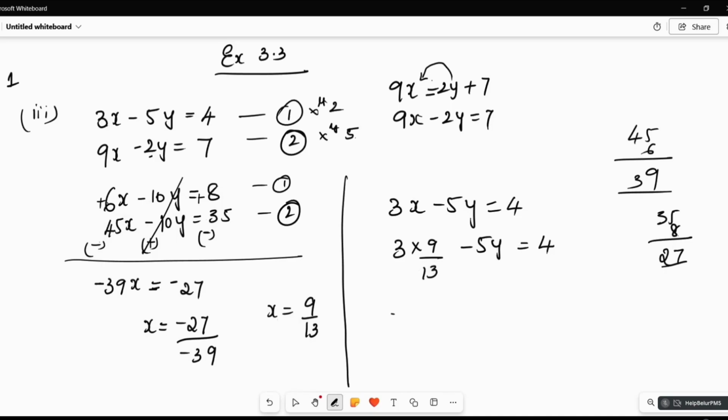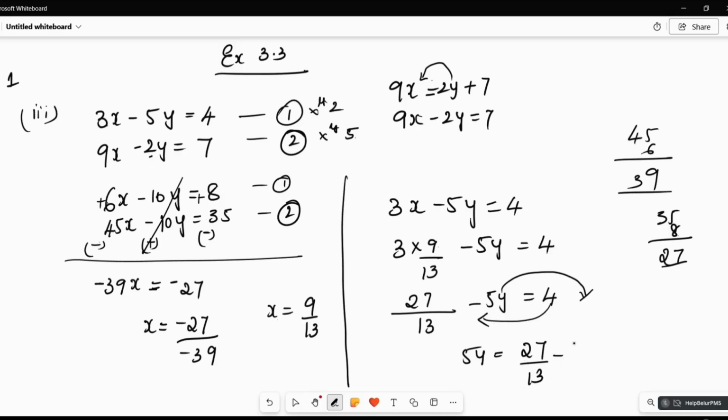Here 9 3s are 27, so 27 by 13 minus 5y is equal to 4. 5y I will shift to the RHS, 4 to the LHS. So 5y is equal to 27 by 13 minus 4. Now simplify, you will get the answer.